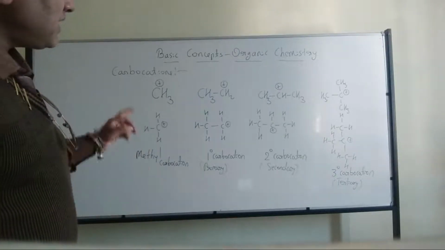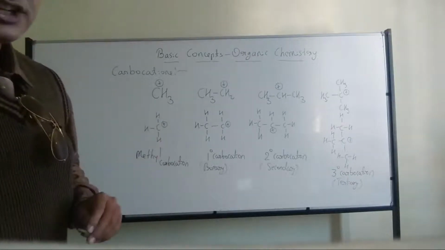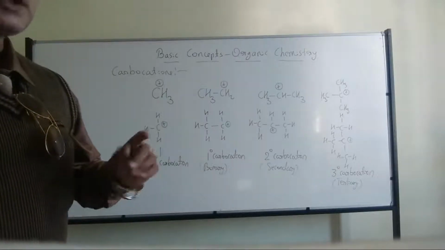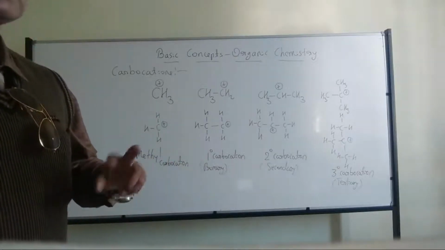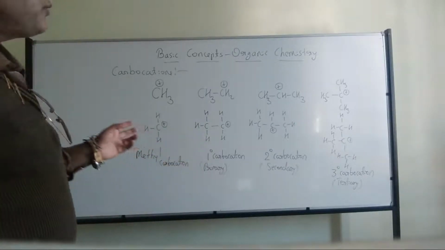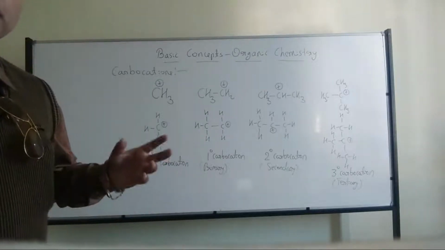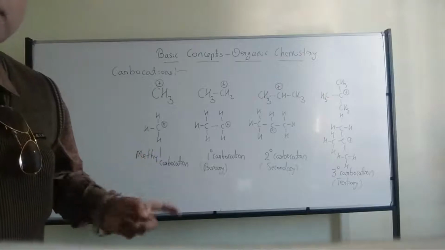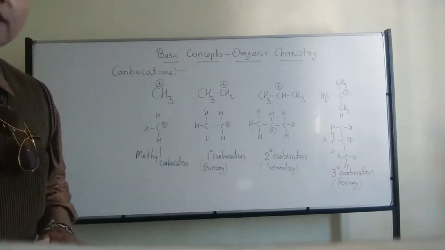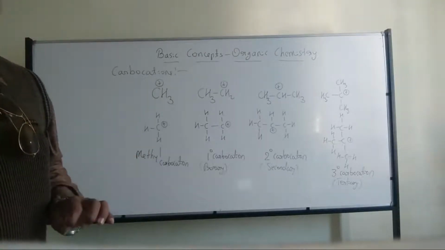Methyl carbocation, primary carbocation, secondary carbocation, and tertiary carbocation. So 4 types. How do they differ from each other? That depends on the number of hydrogens and the number of carbons with which they are making bonds. So that's why we have the different types of carbocations.